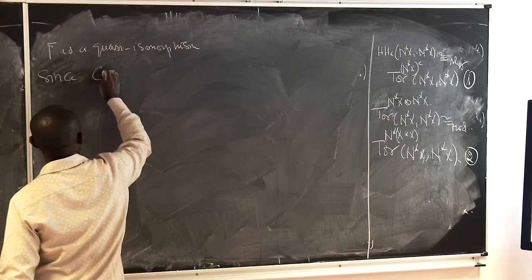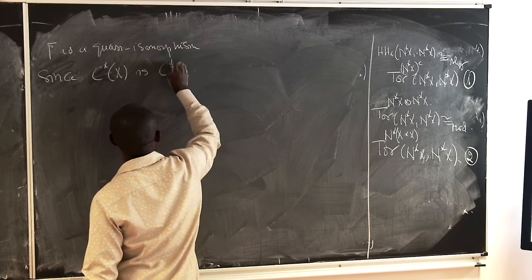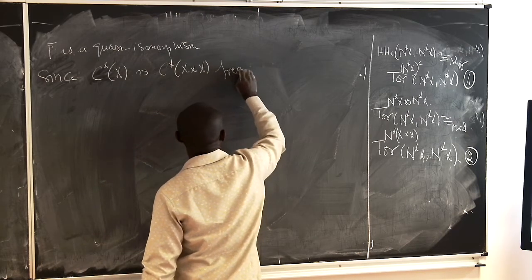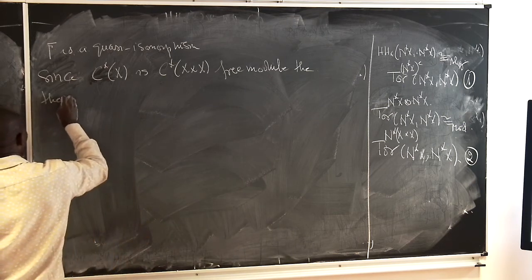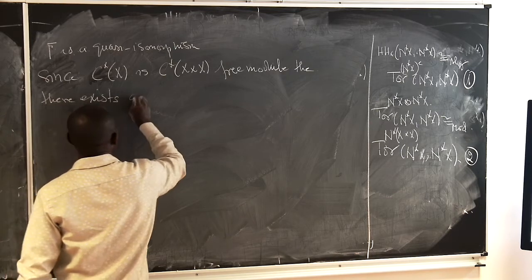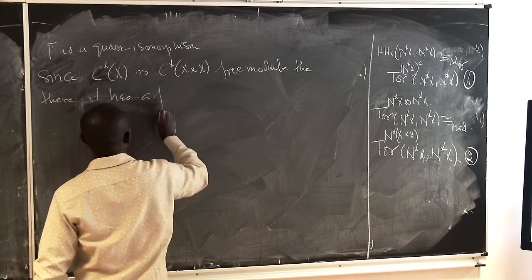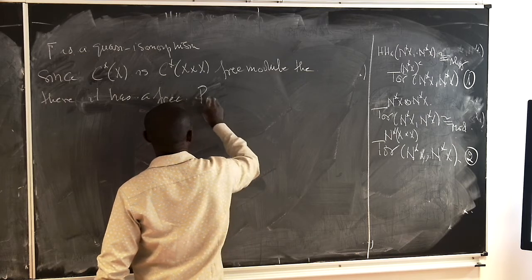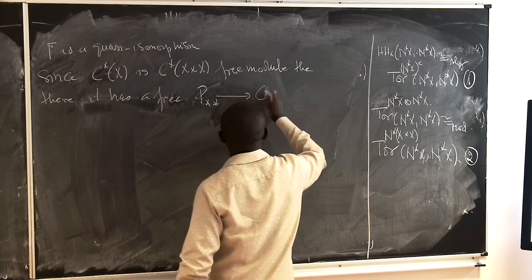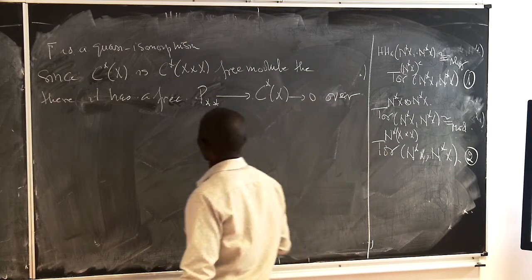So since C star x, the singular quotient of x, is a free module, then there exists a free resolution over, what? Over this.